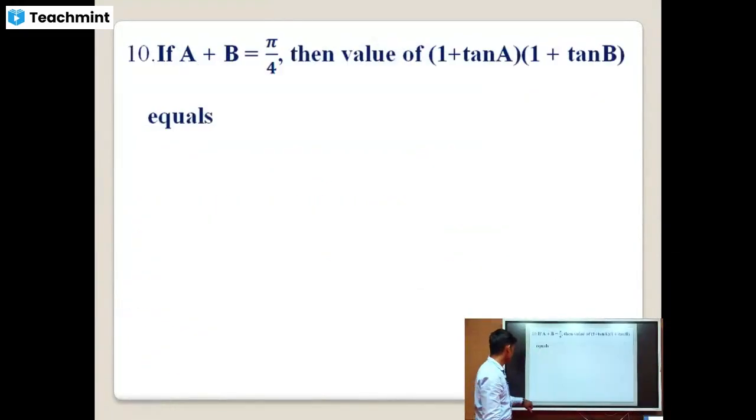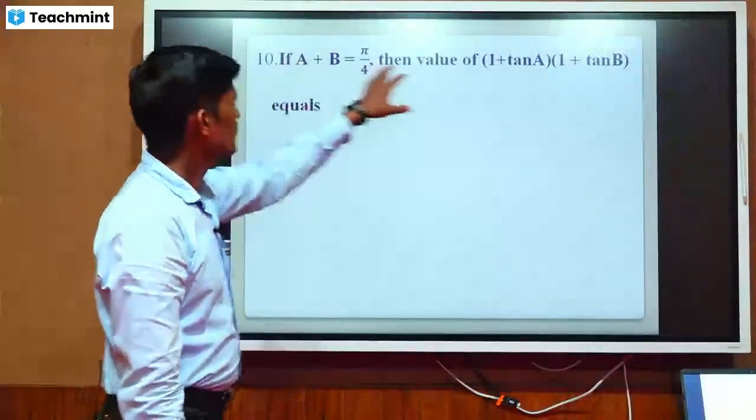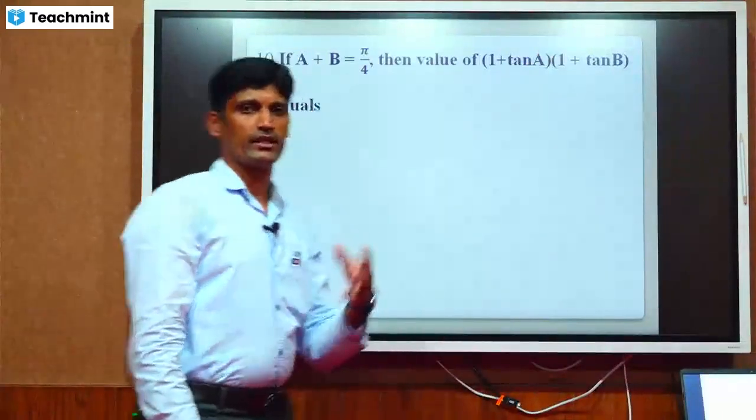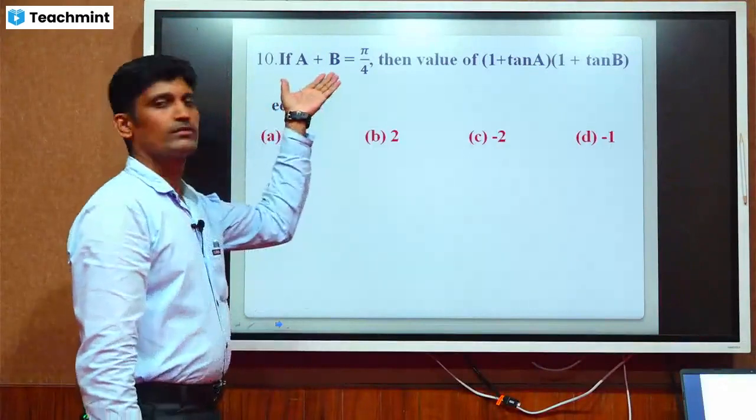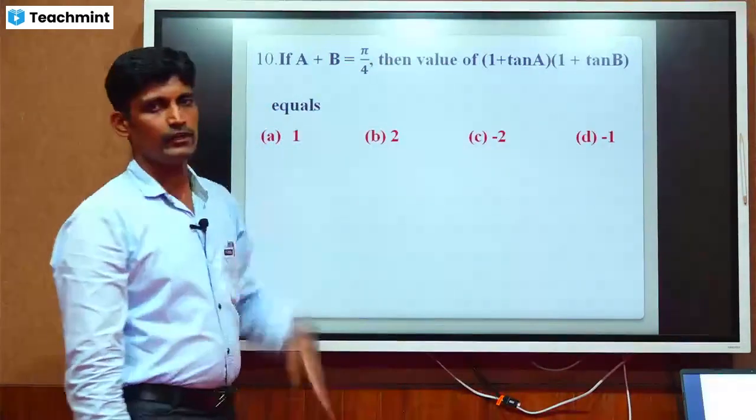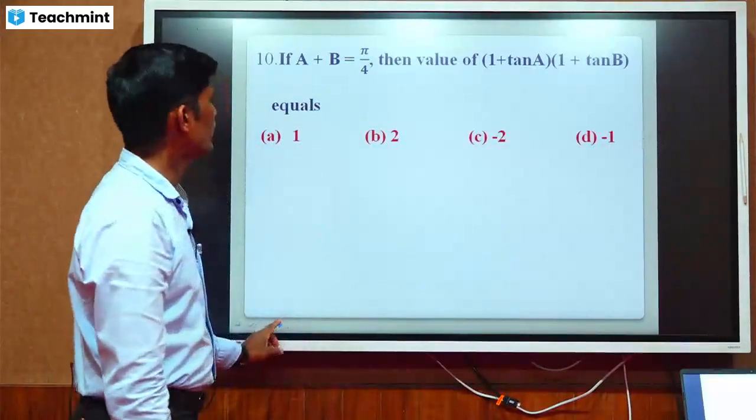Next, question number 10. If A plus B is equal to pi by 2, then the value of 1 plus tan A into 1 plus tan B equals. By looking at this question, we can make out what formula we have to apply. Here 1 plus tan A, 1 plus tan B, these are involved in the tan of A plus B formula. Therefore, we make use of tan of A plus B equal to tan pi by 4, since A plus B is pi by 4, and apply the formula.